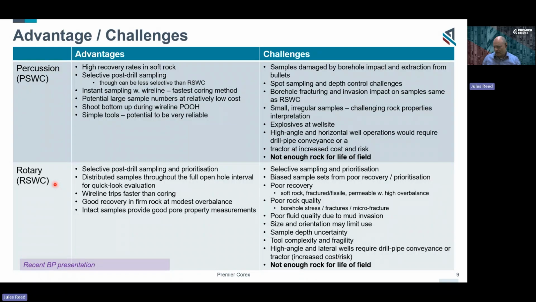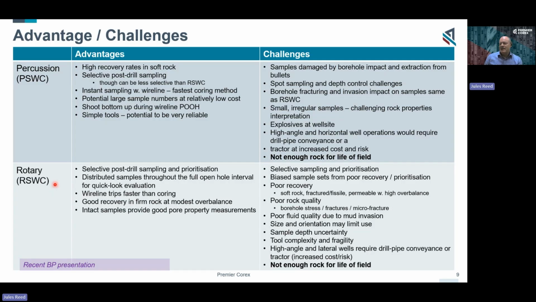As with all sidewall cores, the orientation of the core is not guaranteed. It's always going to be perpendicular to the tool. And so depending on dip at that point or the angle of bedding, or if you're in a high trajectory well, then acquiring horizontal and or vertical plugs can be challenging or impossible, and particularly vertical plugs, unless you're in a fully horizontal lateral well in a horizontal system.